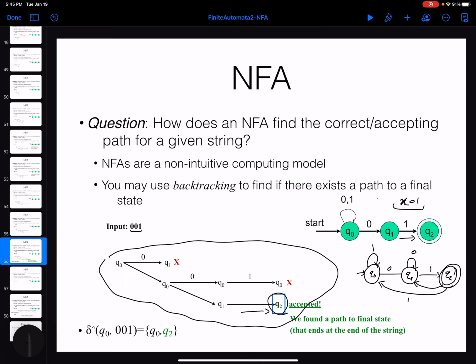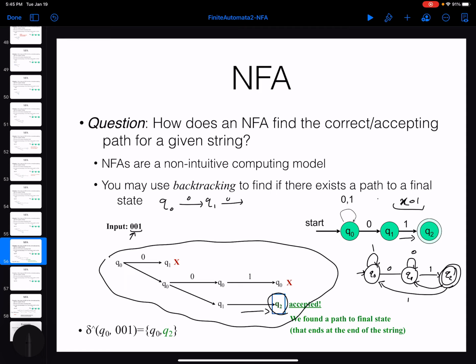If I give a string to this DFA, what does the DFA do? From Q0, the DFA reads a 0, so with a 0 it goes to Q1.